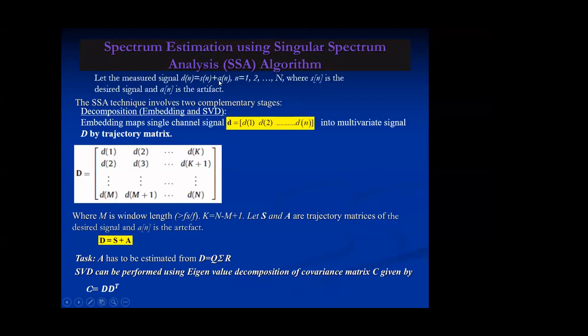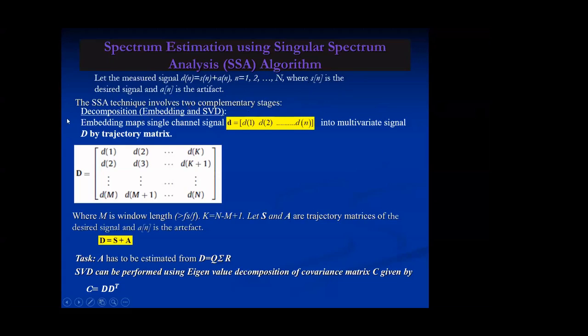S stands for desired signal, A stands for artifact. And we have measured n such samples in fact. So S is the desired signal, this can be ECG or EEG, later I am going to explain with the EEG signal. Then A is the artifact.